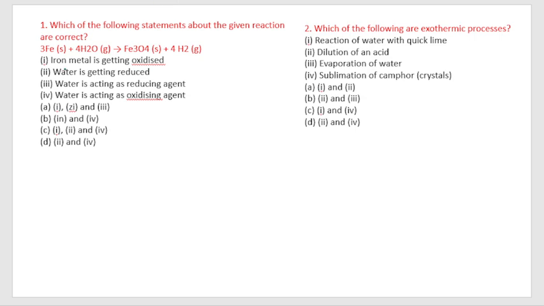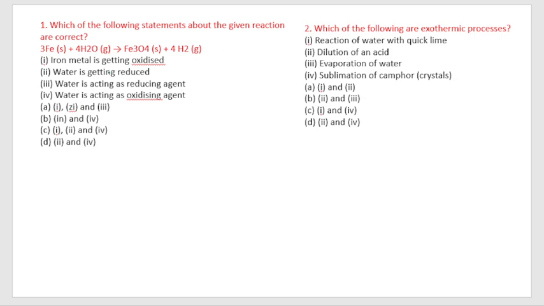Okay, so here let us read the points 1, 2, 3, 4. Okay, iron metal is getting oxidized. Let us check it. Here we have iron. We have to check the reactants in the LHS. What has happened to the reactants? That is what we have to check. Okay, so by checking the points, you can understand that this question is from the part redox reaction.